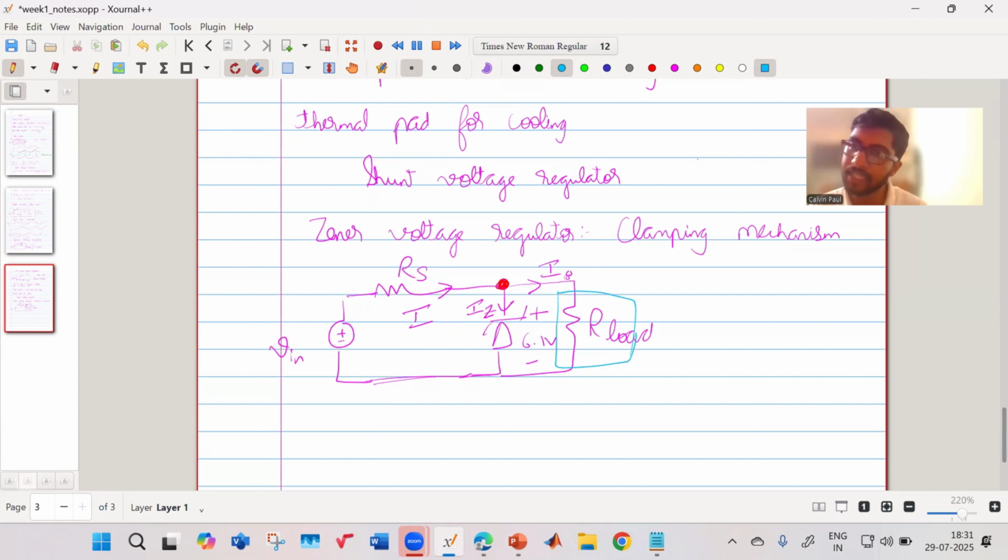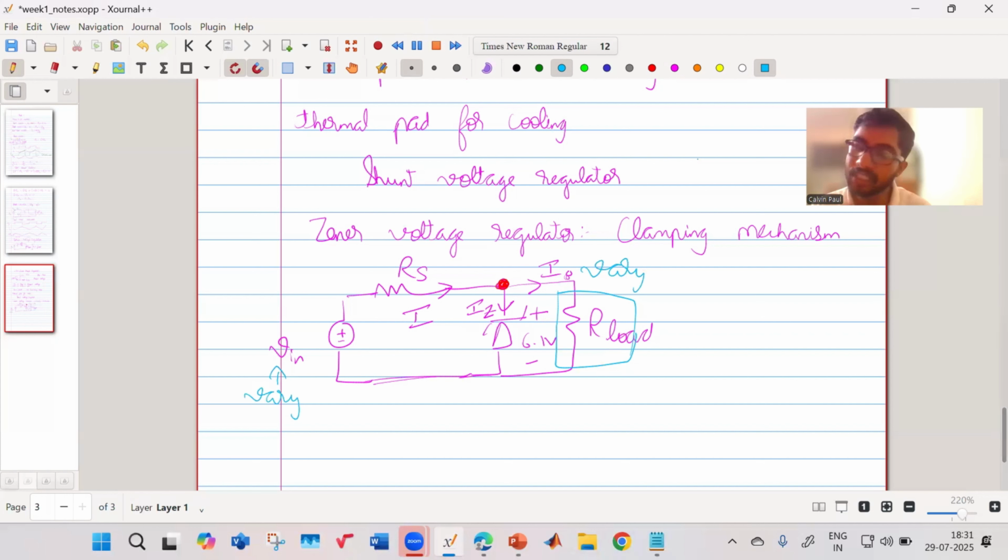And why are we studying voltage regulators so much? It is being used almost everywhere. And they are required to give a regulated voltage. It should give a regulated voltage in spite of this I naught varying. Okay, the input voltage also can vary.